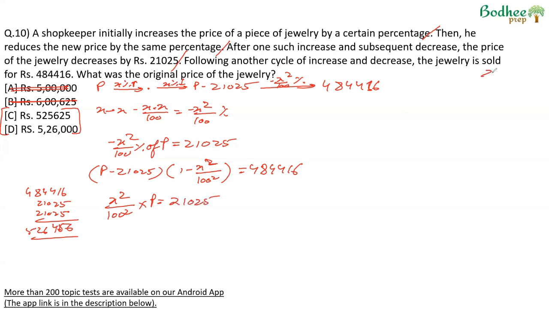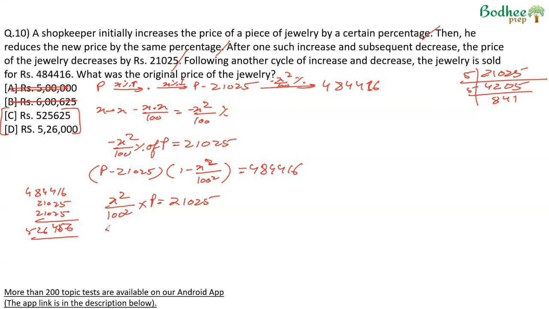Now if we factorize 21025, we will get 5. 5 4s are 20, 4205. 4205 by 5 again is 841. 841 cannot be factorized further.